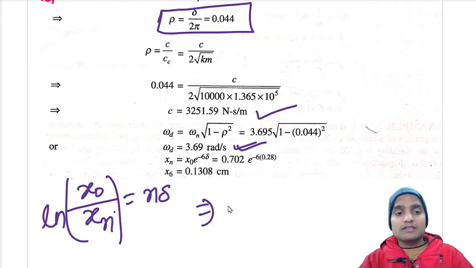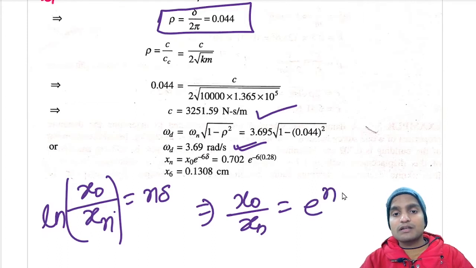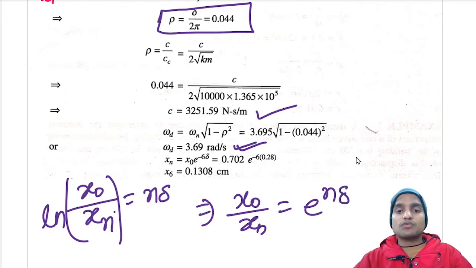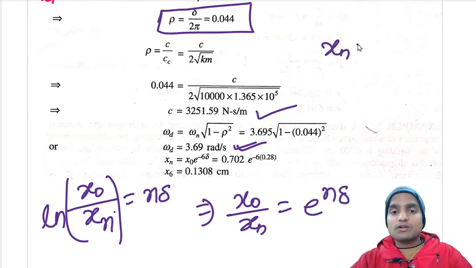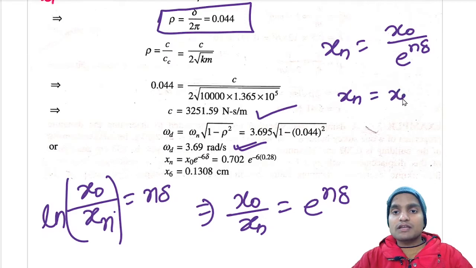Let's write it in this form: x naught by xn is equal to e to the power n delta. All right, so xn will be equal to x naught by e to the power n delta. So xn can be written as x naught e to the power minus n delta.